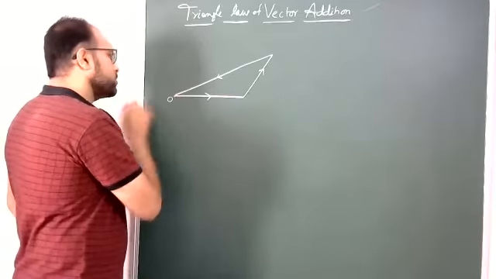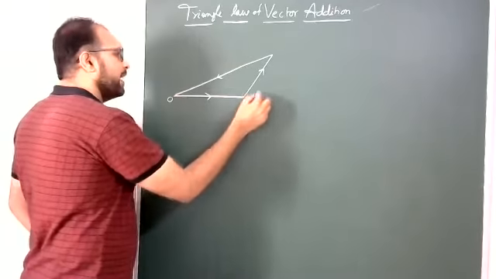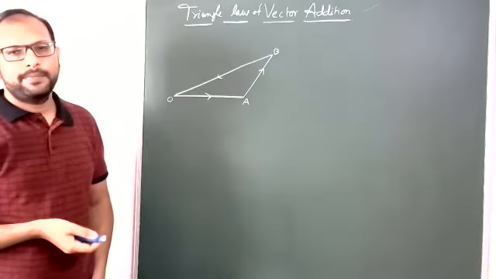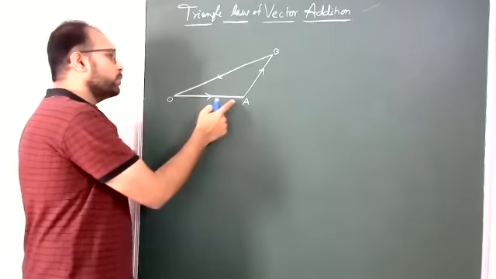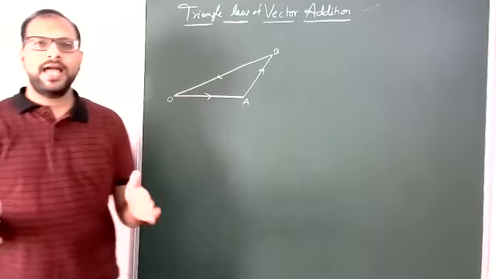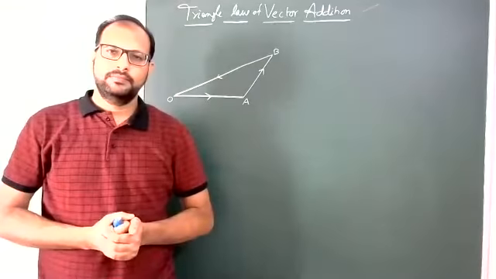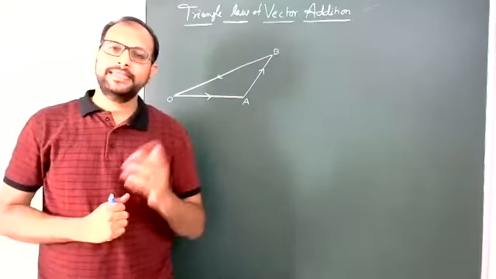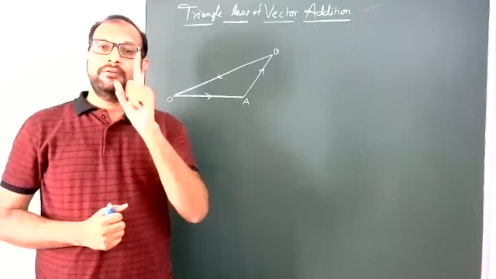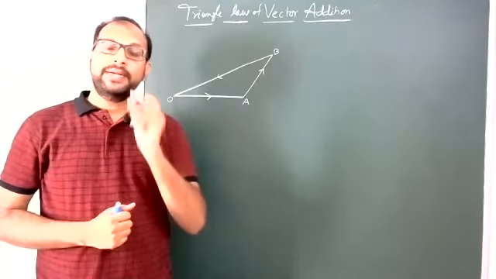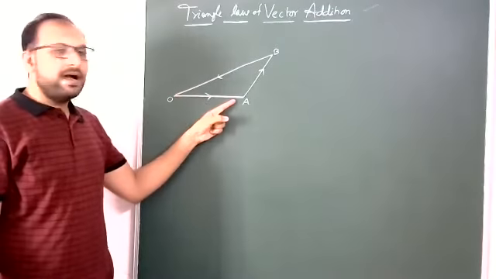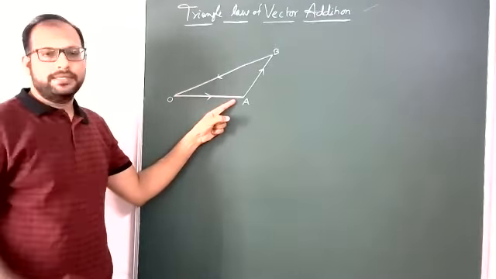I am taking this as O, A, B, again O. O to A to B, B to O. Triangle closed. So a triangle has three sides, and I am representing them with three vectors. But these three vectors are clearly drawn in a particular order.